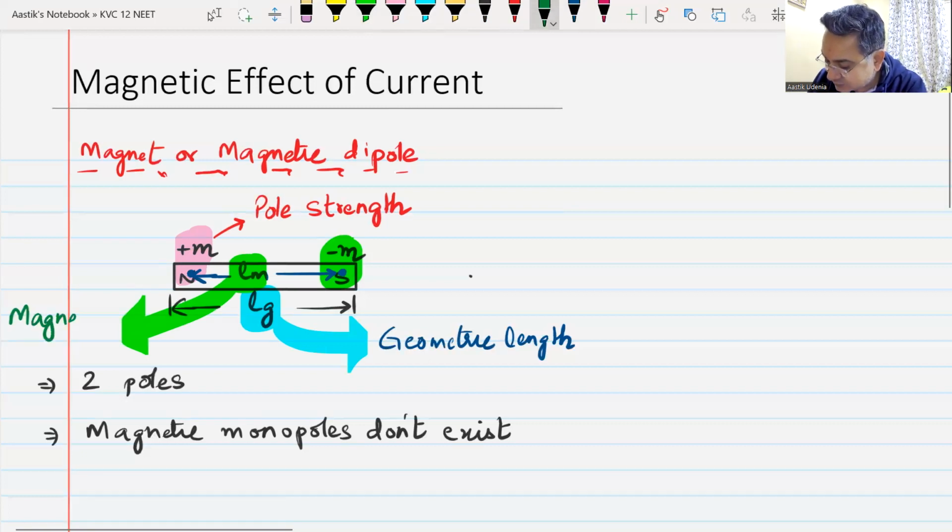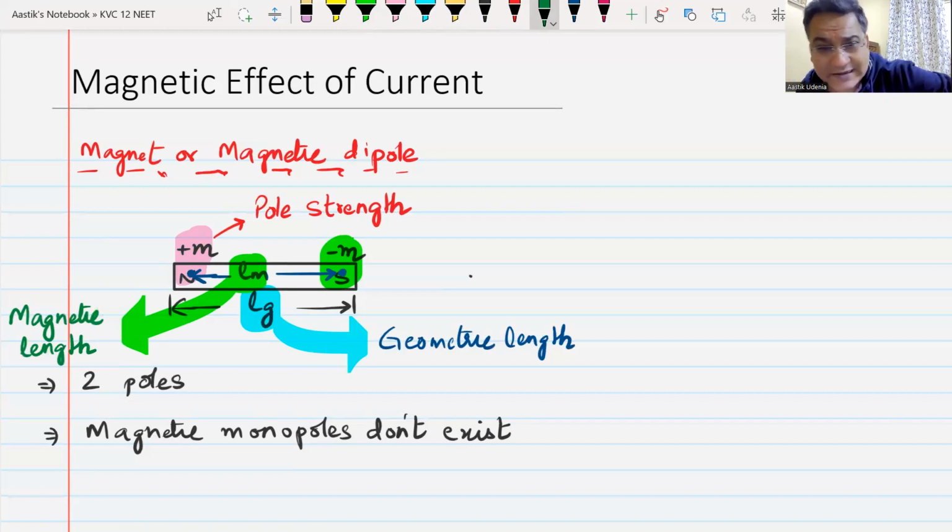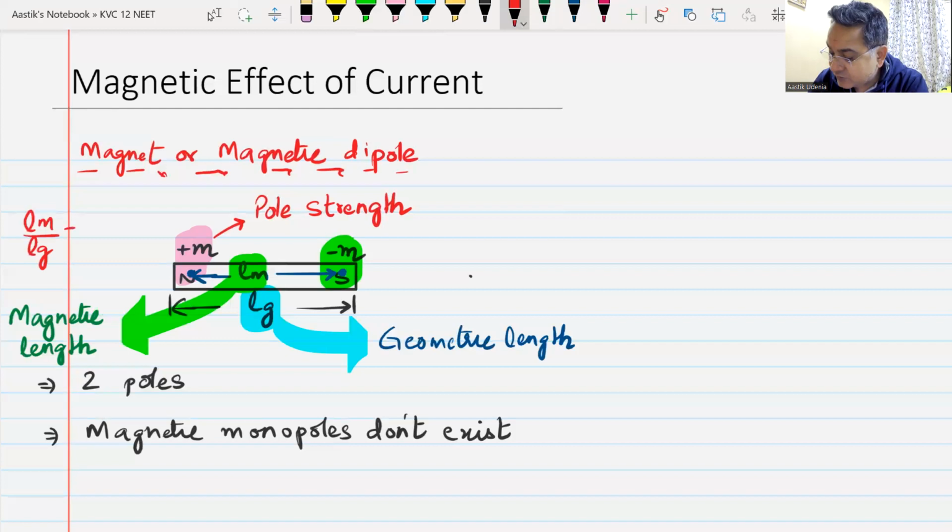This magnetic length is always less than the geometrical length, and you can write this formula: magnetic length divided by the geometric length of a magnet is 0.84, something like this. So far, so good?